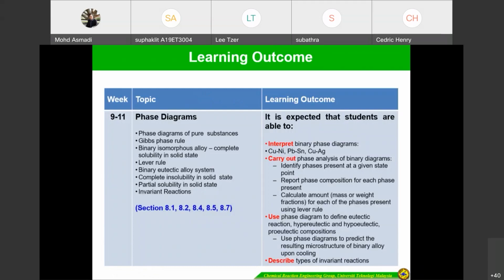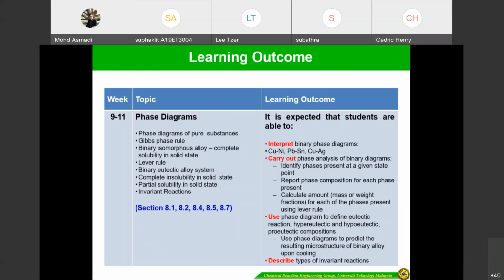Mostly we will see the graph of composition against temperature. Then we will see the Gibbs phase rule, the degrees of freedom at the triple point, and two phase as well as single phase. Binary isomorphous alloys have complete solubility in solid state. One example is copper and nickel.